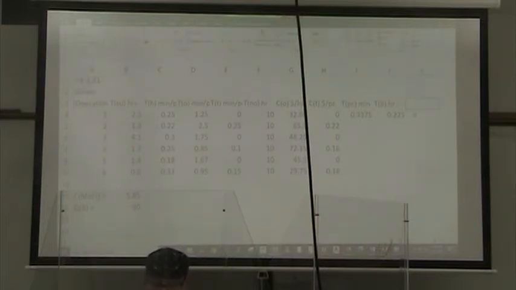All right, so cost of operation per batch is going to be equal to 32.88 times the number of hours.